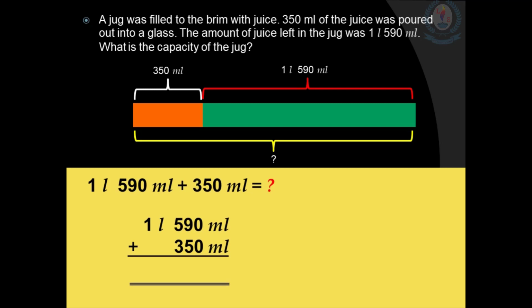First, let's add the milliliters. 940 milliliters. 1 liter. So, the capacity of the jug is 1 liter 940 milliliters.